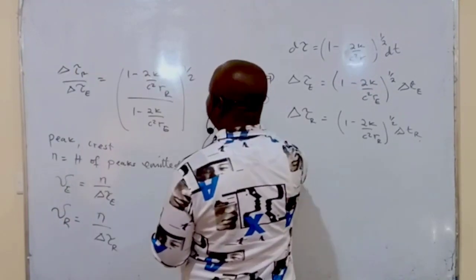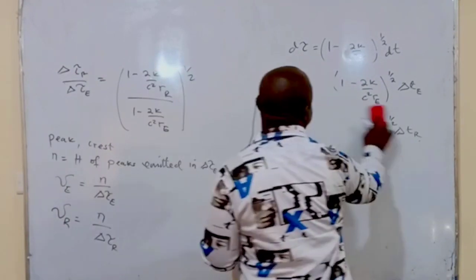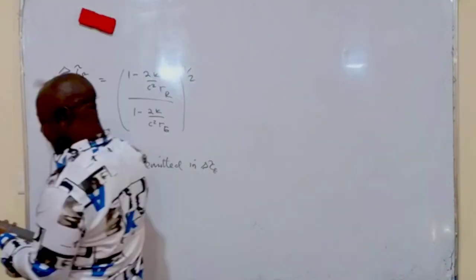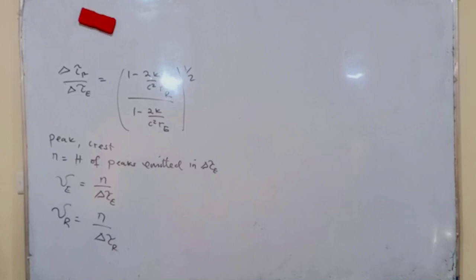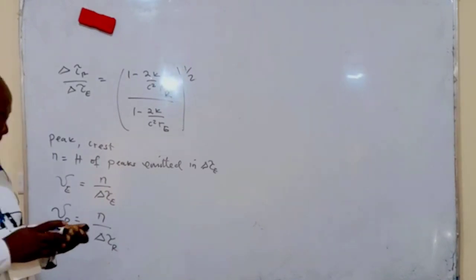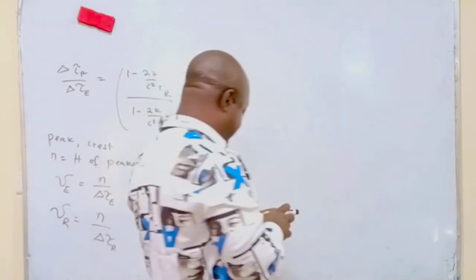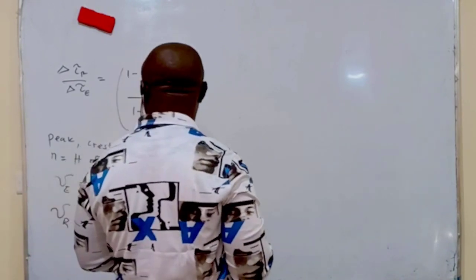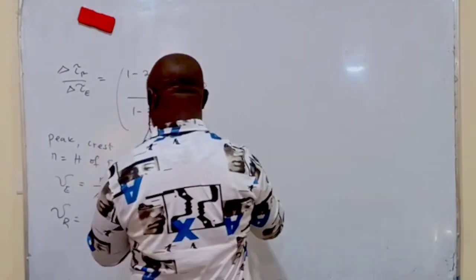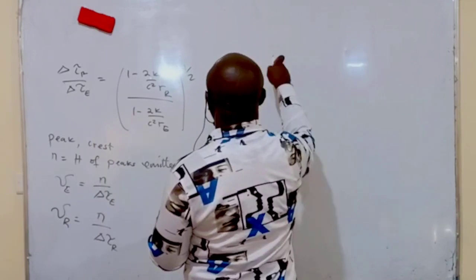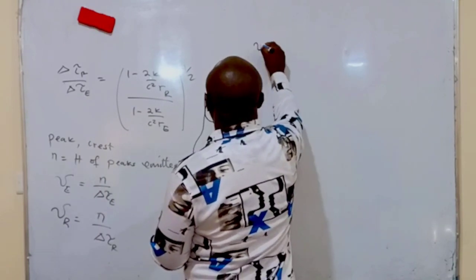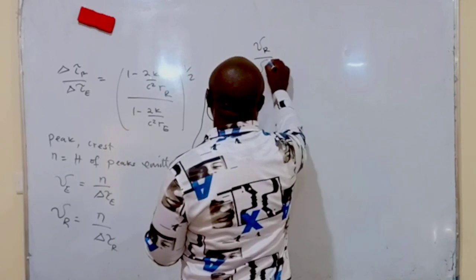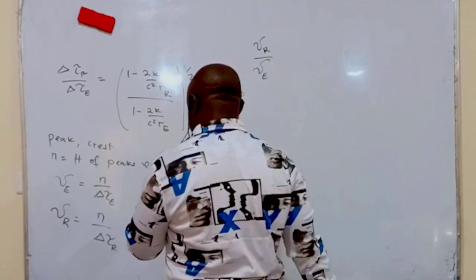So from there, I want to write the frequency of reception over the frequency of emission.